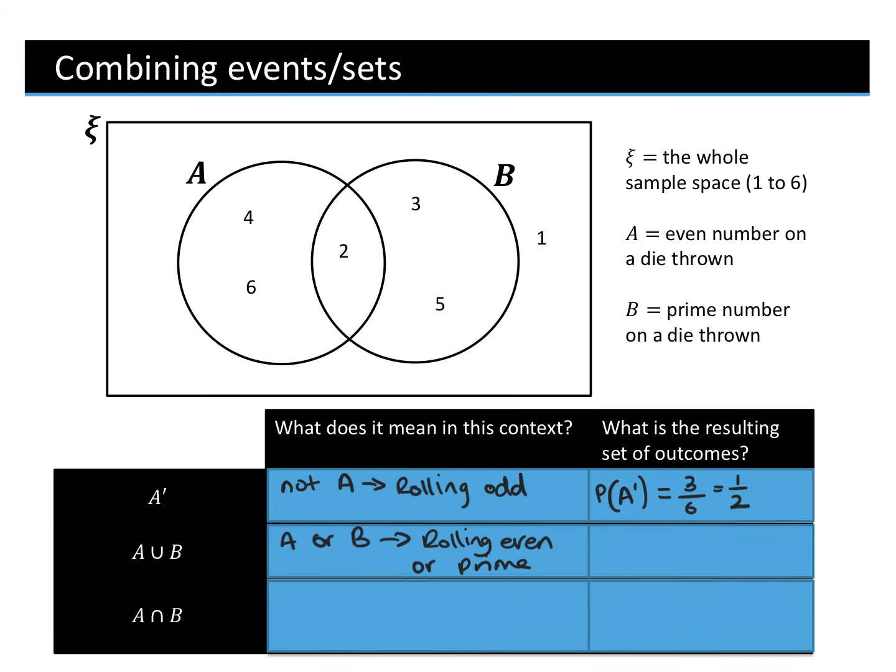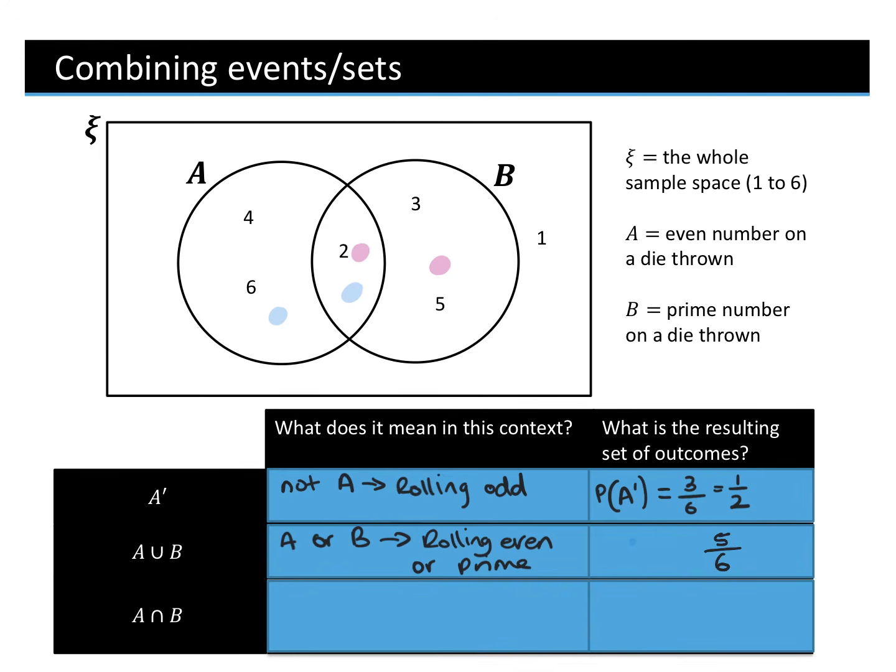So what we need to do is the probability of A union B, if we have a look, A union B is everything in A plus everything in B. So the union is where they're, or it doesn't matter if the dots are shared or not. 1, 2, 3, 4, 5 out of 6.